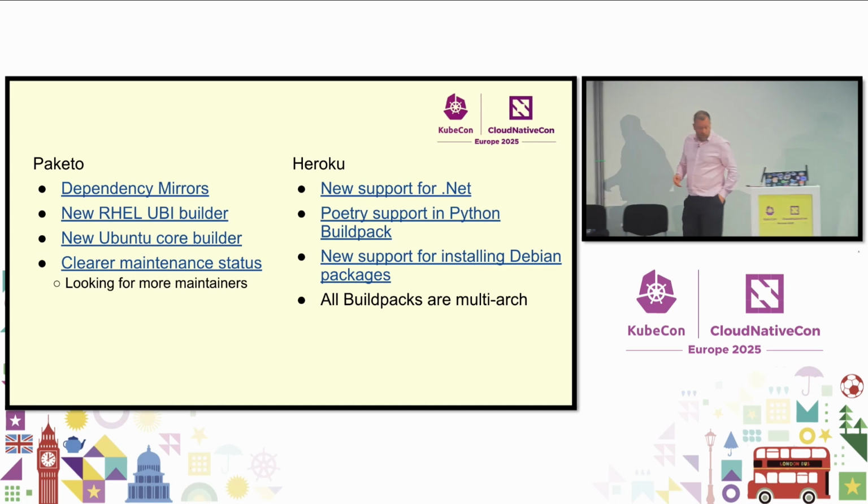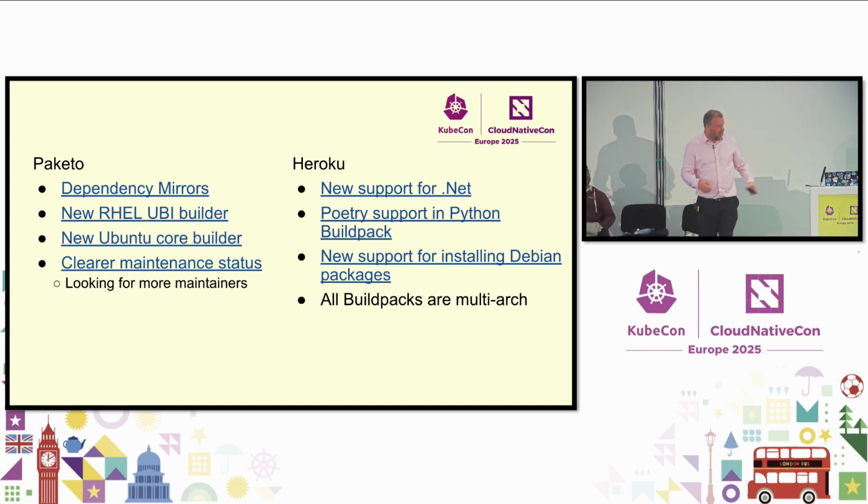And because you're end users, or some of your end users at least, you will be interested in what's going on in the downstream projects, of which we've summarized 2 of the change sets here. So as a Buildpacks user, I use Buildpacks with the Paketo builder, or I use Buildpacks with the Heroku builder to build my applications. The Paketo folks have some really interesting features. In the past year, they've pulled in dependency mirrors.